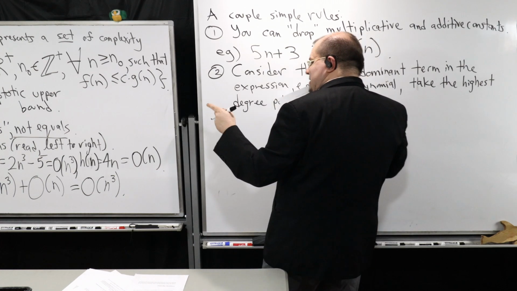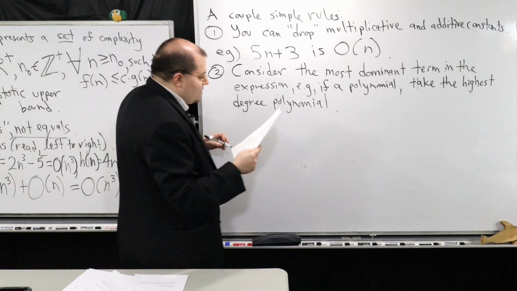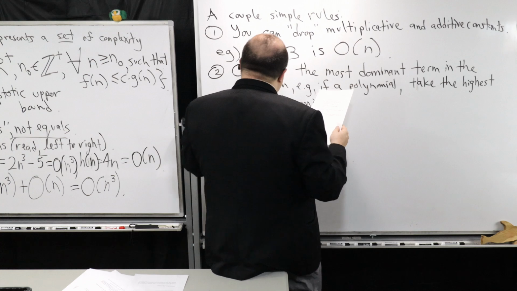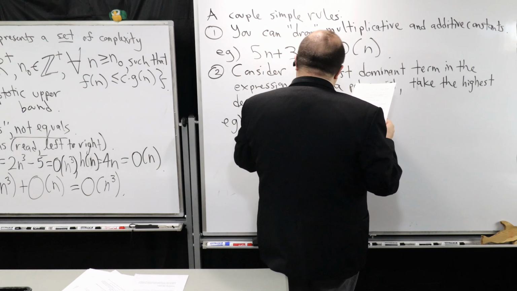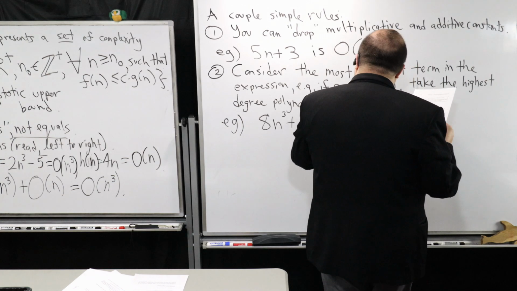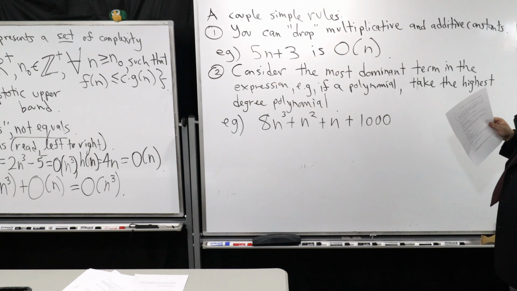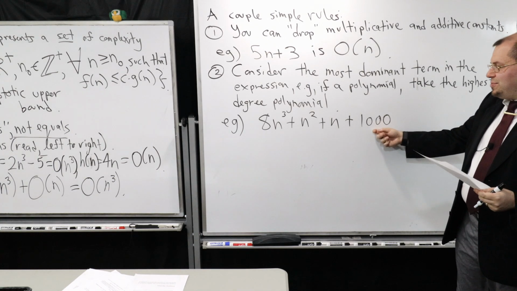It's actually very similar to the examples we've been seeing. Suppose I give you 8n cubed plus n squared plus n plus 1,000. By the first rule, you see that, okay, this 1,000 doesn't matter.